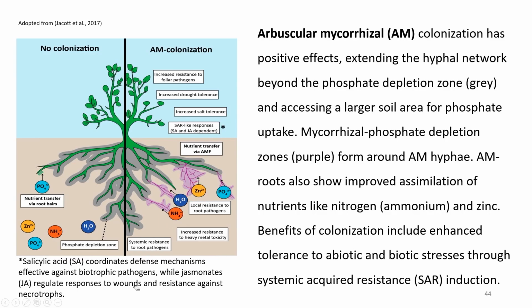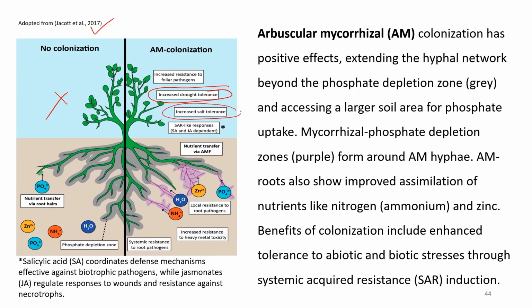Benefits of this colonization include enhanced tolerance to abiotic stress through systemic acquired resistance induction. In these two figures, you can see on the left side there is no colonization, and here there is arbuscular mycorrhizal colonization. In this case, there is increased resistance to foliar pathogens, then increased drought tolerance, which is absent over here.